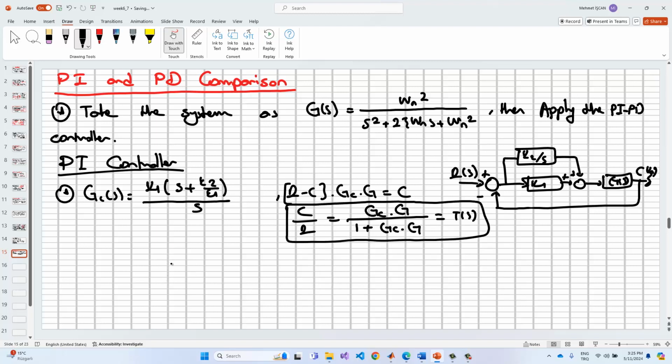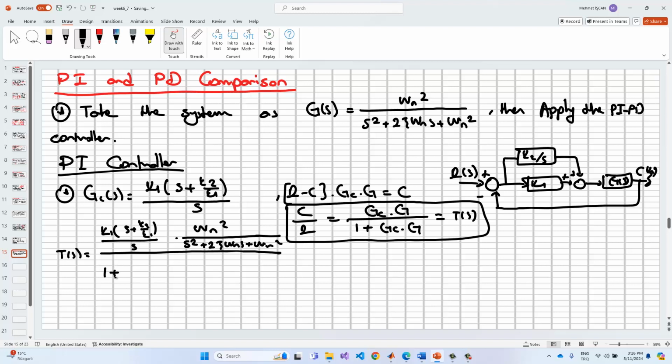So if we put the whole equation into the place of this term, for example, Gc must be equal to this one, G must be equal to this one, and so T(s) can be derived with these terms: K1 times (s plus K2 divided by K1) divided by s, times omega_n squared divided by s squared plus 2 zeta omega_n s plus omega_n squared.